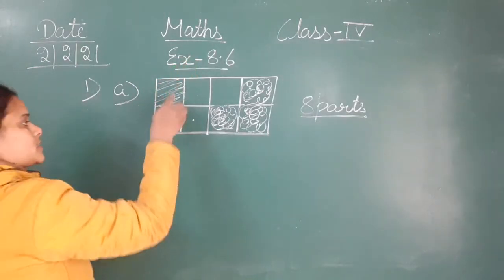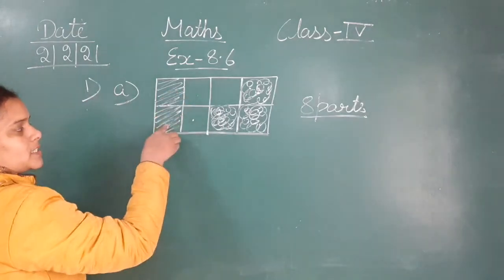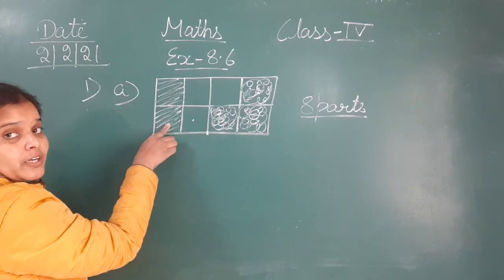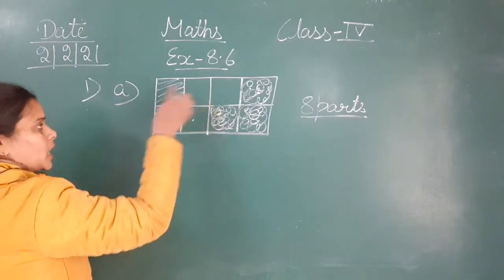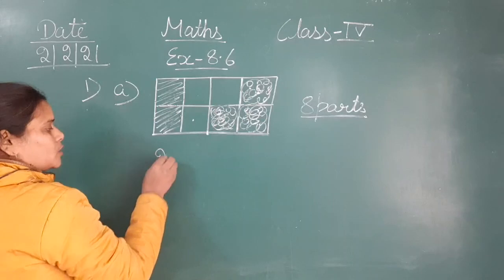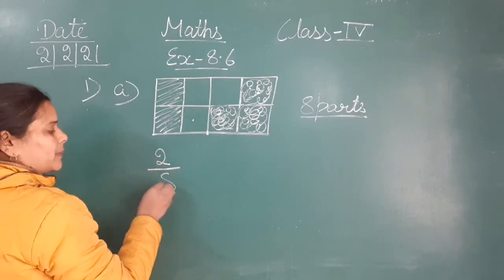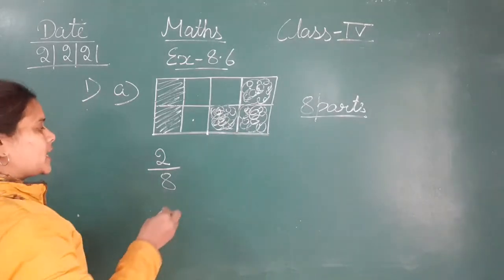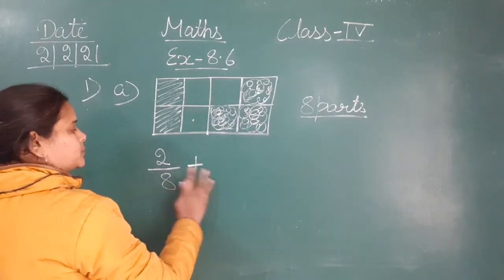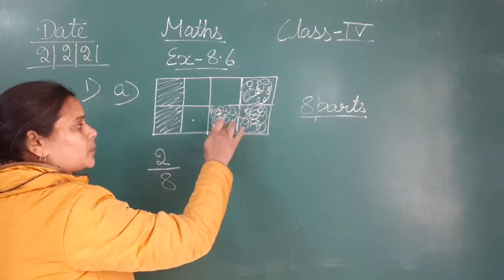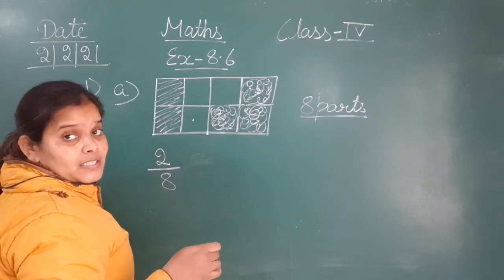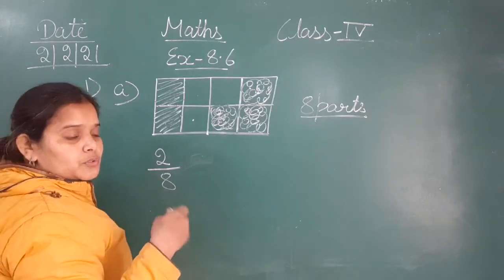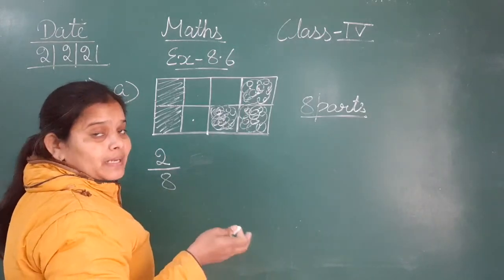Now we have to add the fractions of the shaded part with the two different patterns. So the first is 2. देखिए ये जो हमारा first shaded pattern है, इसमें हमारे कितने part shaded हैं? Only 2. So that means out of total 8 parts, 2 parts are shaded in one pattern, whereas the other 3 parts, 1, 2, 3, are shaded in the second pattern. तो बाकी जो है वो second pattern में shaded हैं.